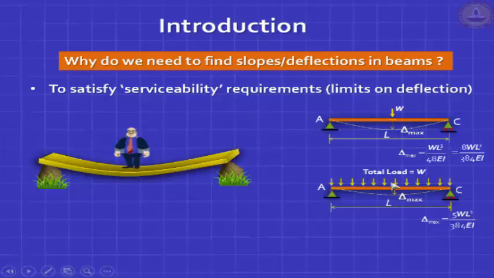For a UDL, the bending moment diagram is parabolically changing, and that maximum moment is WL by 8. So it's interesting to see that the concentrated load generates a bending moment which is twice that generated had the load been uniformly distributed. It also gives a deflection which is 60% more than the case where it's uniformly distributed.